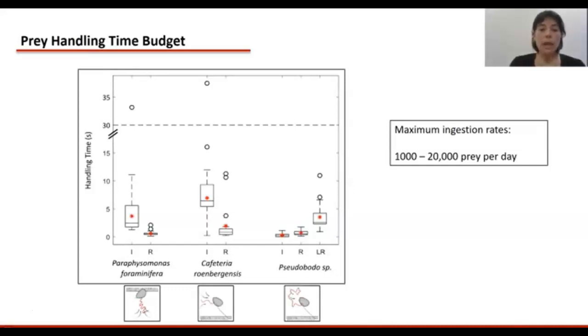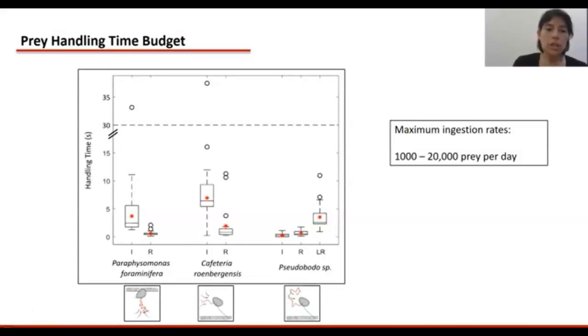Handling times can be the upper limit for ingestion rates. So therefore, we have investigated the handling times of Paraphysomonas, cafeteria, and pseudobodo. Twenty events were measured for ingestions, and 20 rejections and 20 lash rejections were studied.